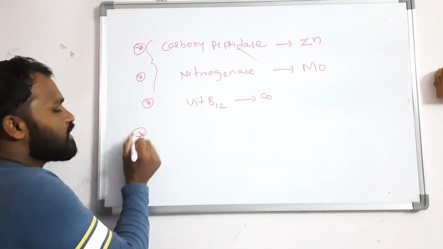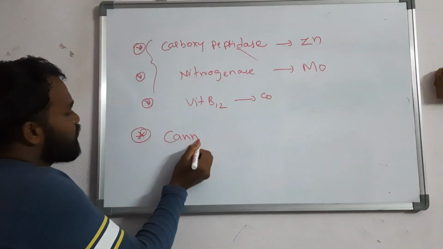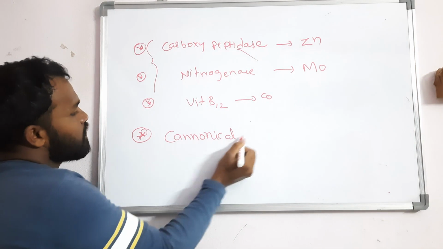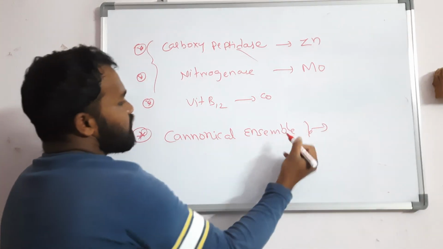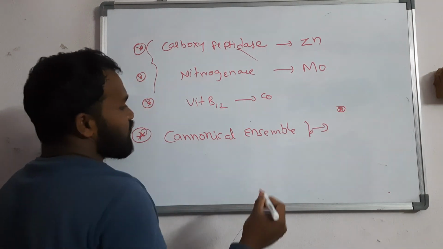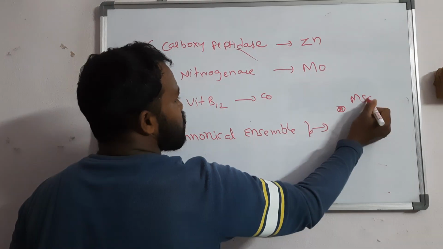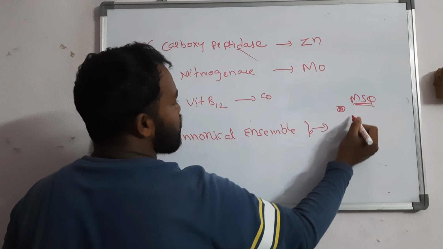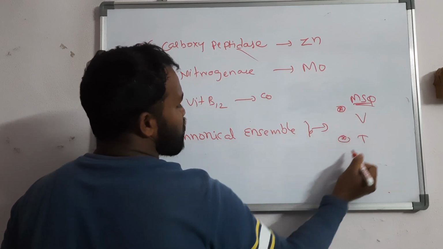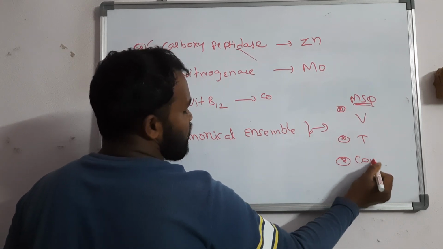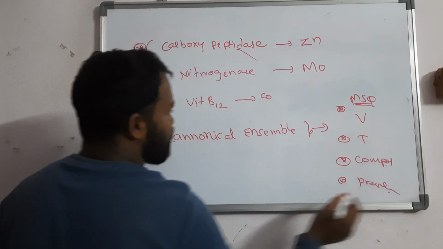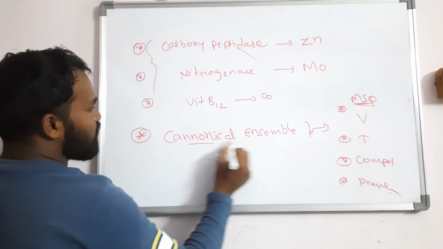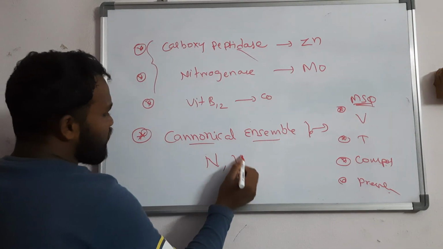Then canonical ensemble, right? Next, from canonical ensemble they asked which of the following is correct. The question is an MSQ, multiple select question, where they gave volume, temperature, composition, pressure. So generally for canonical ensemble it is NVT, right?